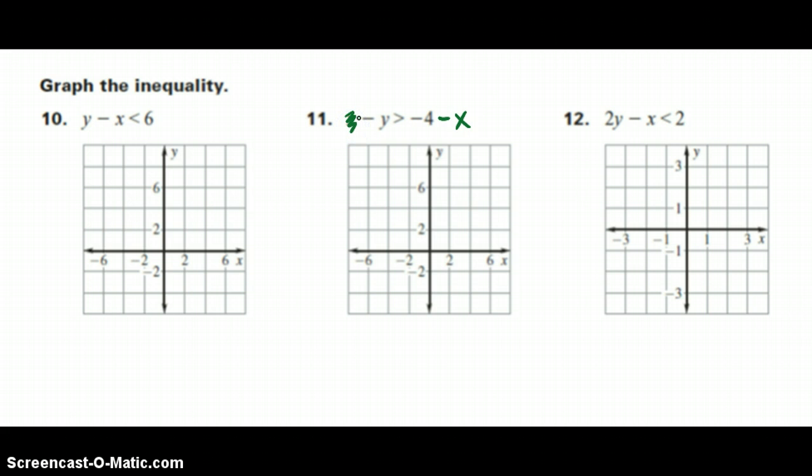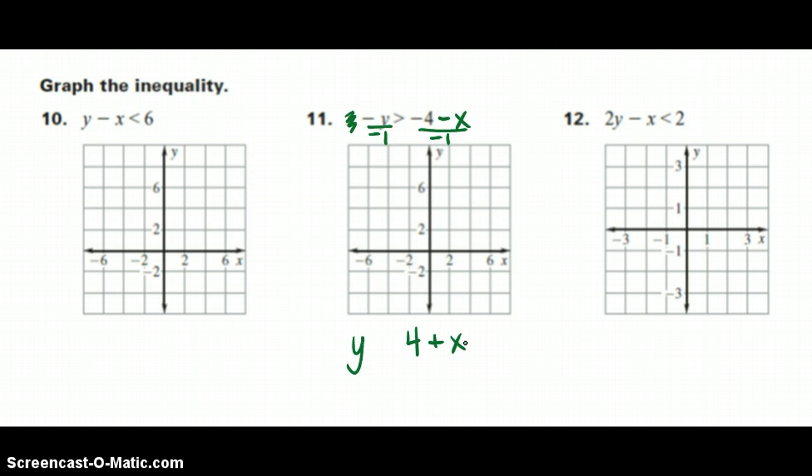Second step is always, if we need to divide to get the y completely alone. So we have a negative y, and we want a positive, so I'm going to divide both sides of this inequality by -1. Okay, so I get a y on the left-hand side, and then on the right-hand side, -4 divided by -1 is +4. And then a negative x divided by -1 becomes a positive, so I'm going to add x.